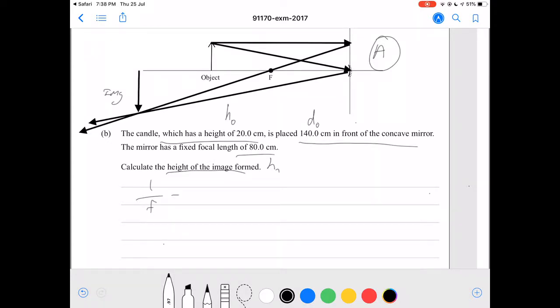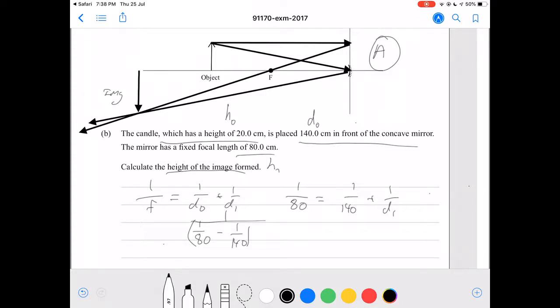So 1 over F is equal to 1 over DO plus 1 over DI. Focal length is 80, so 1 over 80 equals 1 over DO, which is 140, plus 1 over DI. So 1 over 80 minus 1 over 140, and you find the inverse of the entire thing, so 1 divided by that.